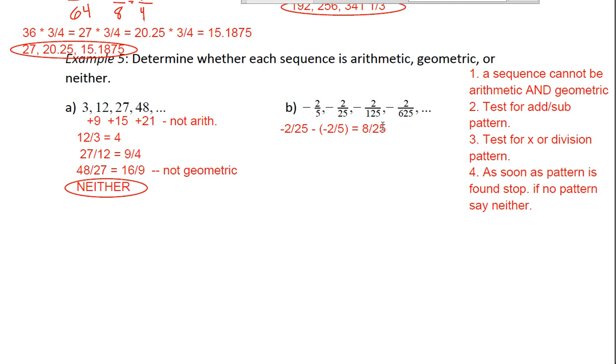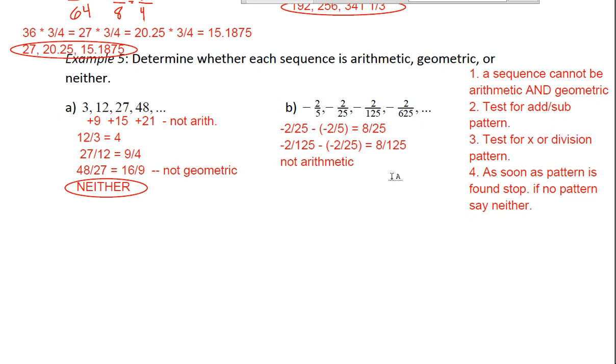Then I tested negative 2 over 125 minus negative 2 over 25. That was our second term. And we got here 8 over 125. So it's not arithmetic. But you probably could guess that just by looking at what's happening in the problem.